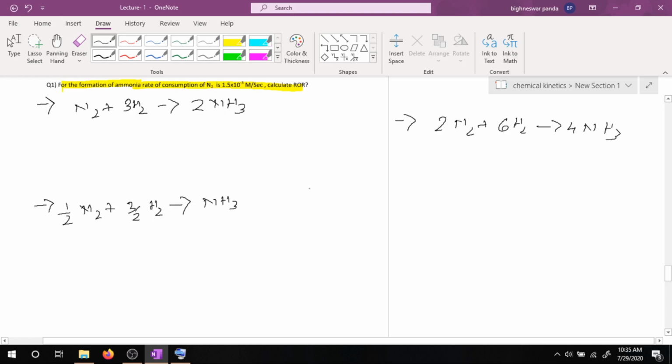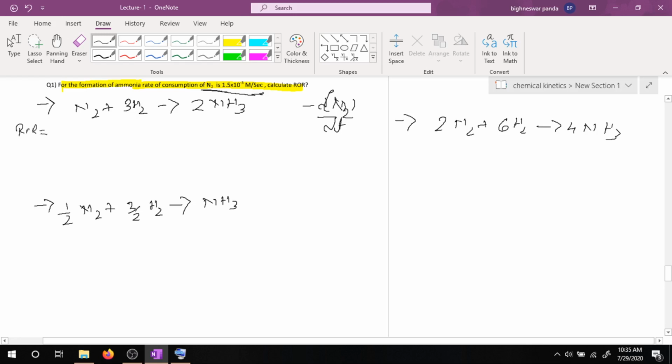What is given here? The rate of consumption of N2 is 1.5 into 10 to the power minus 3 molar per second. That is, I can write minus dN2 by dt is given here. So for each and every reaction, I have to write the rate of reaction.